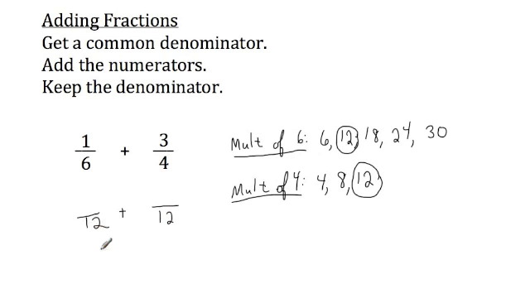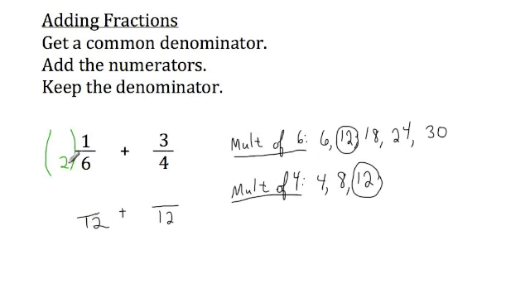Now I have to figure out what I have to multiply each of these denominators by to get 12. In the case of the first fraction, I need to multiply 6 by 2 to get 12.